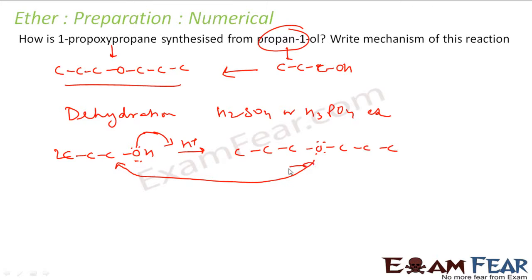Sorry, not this. One more I'll have right here. So this will attack this carbon. And thus H2O will go off and this hydrogen will also go off and will form this 1-propoxypropane. We have seen this mechanism in the previous slides. If you have doubt, you can just refer to that.